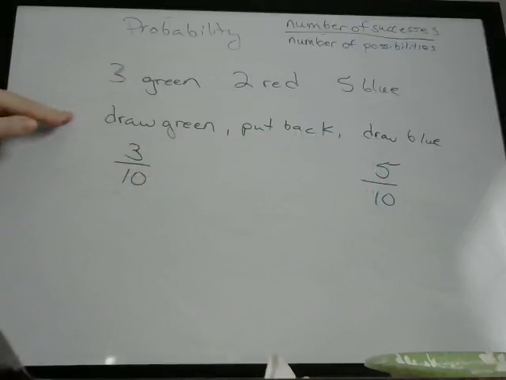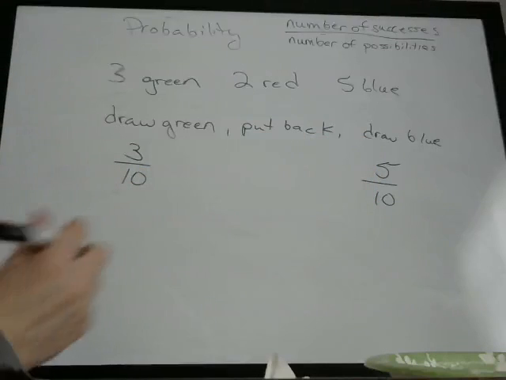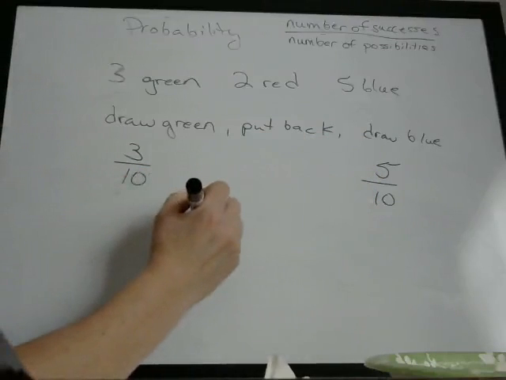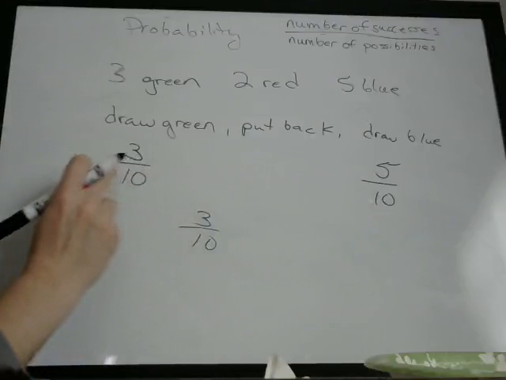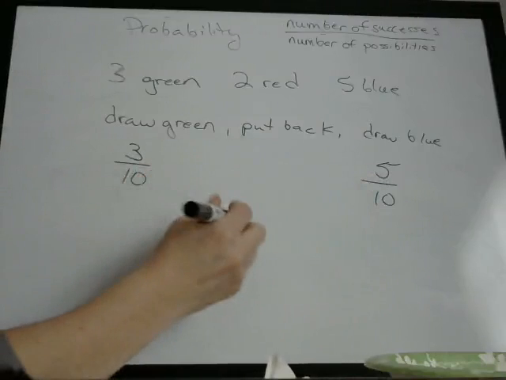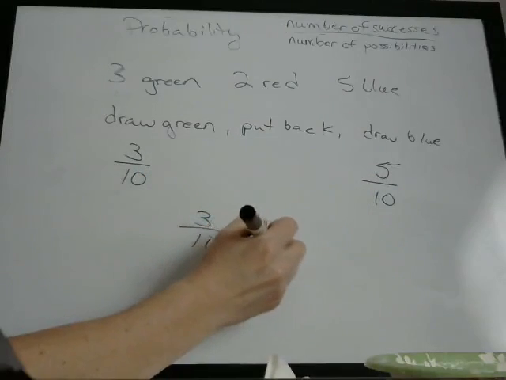So what's the probability of both of these things happening? That you're going to draw a green, put it back, and then draw a blue. The way you do that is you just multiply these two. So you find each of the probabilities independently, and then you multiply them.